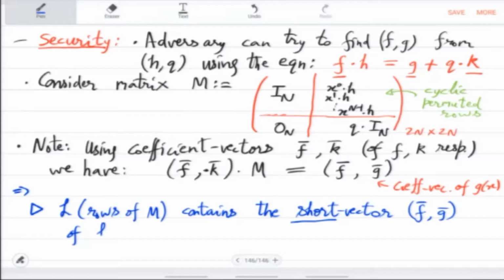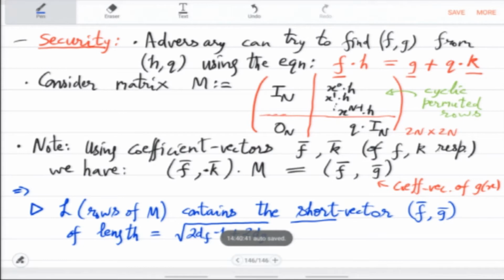Its length is the square root of the number of plus 1 and minus 1 entries, which is much smaller than square root n.